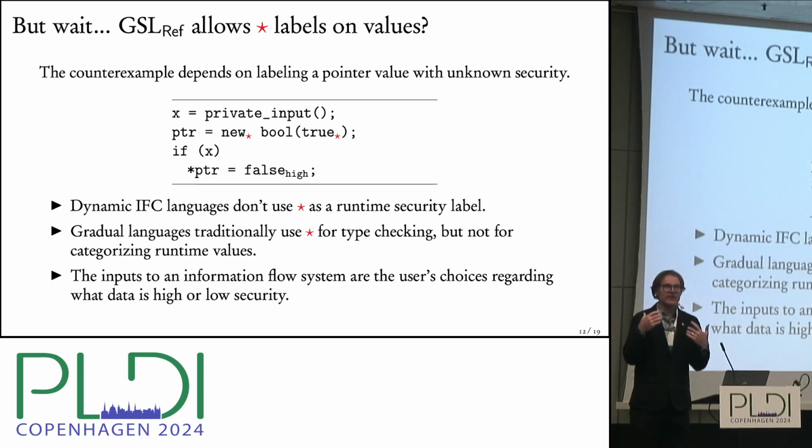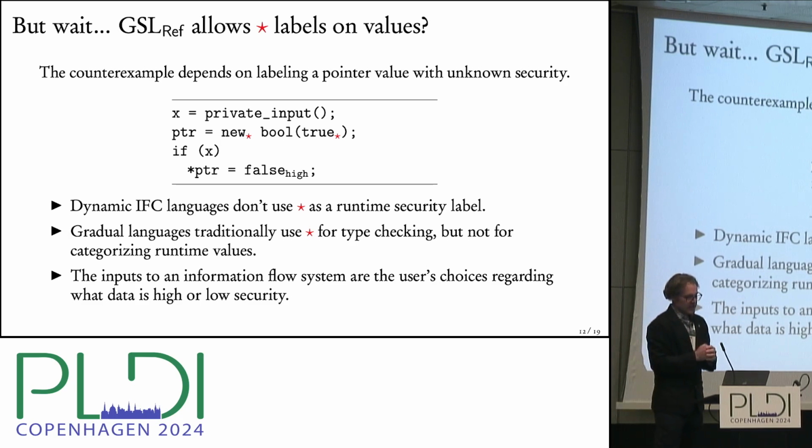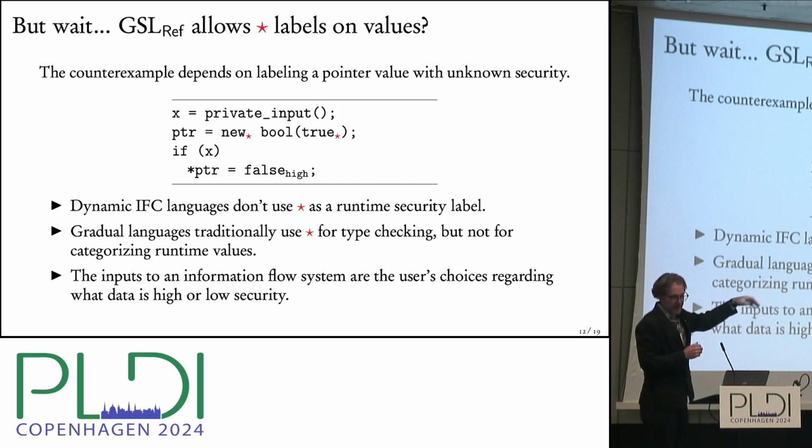This might seem like a natural choice for a gradually typed language, but it turns out to actually be a slightly unusual choice. With gradual languages, you typically want to mimic both a dynamic and a static version of the language and just connect those. And if you look at dynamic IFC languages, they don't have unknown as a runtime security label.